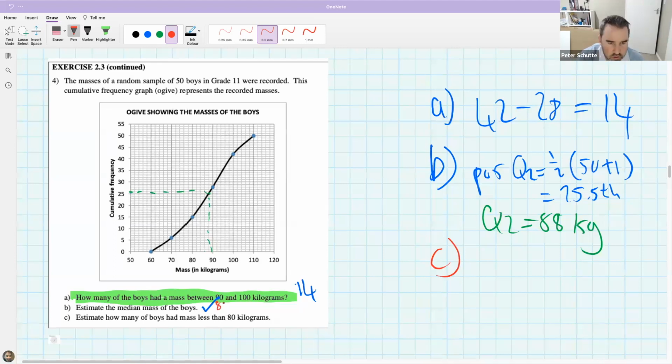So last question for the day. Estimate how many of the boys had a mass less than 80 kilograms. See if you can do that.